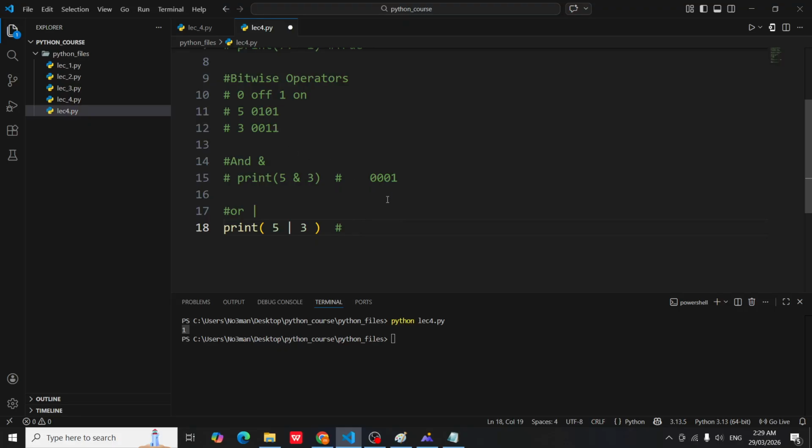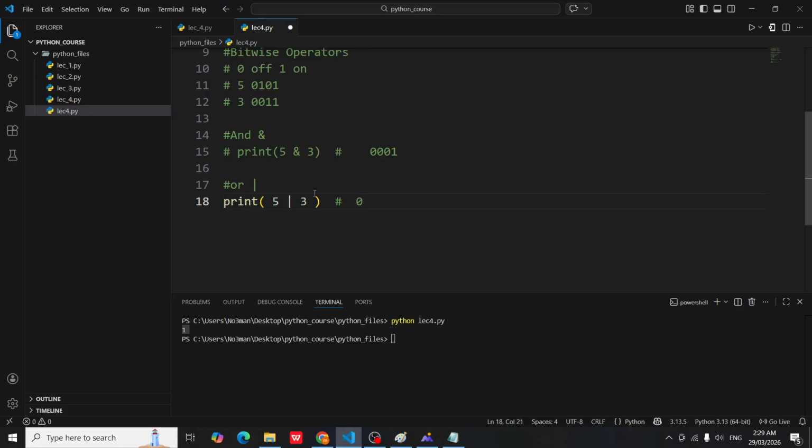So it will compare the first number, 1 and 1, it will be 1, 0 and 1, it will be 1, 1 and 0, it will be 1 also, 0 and 0, it will be 0.